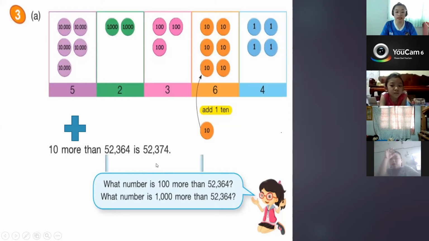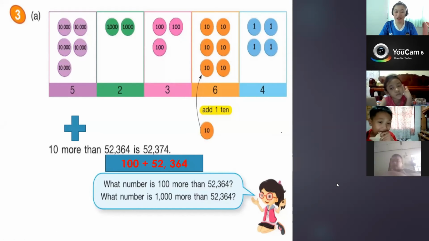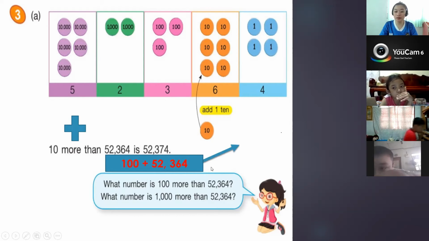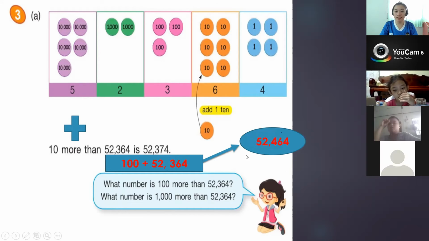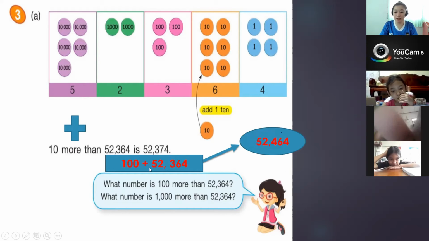What is the answer for 100 plus 52,364? If we add 100 plus 52,364, it is equal to 52,464. Okay, so that is how we're going to do it.